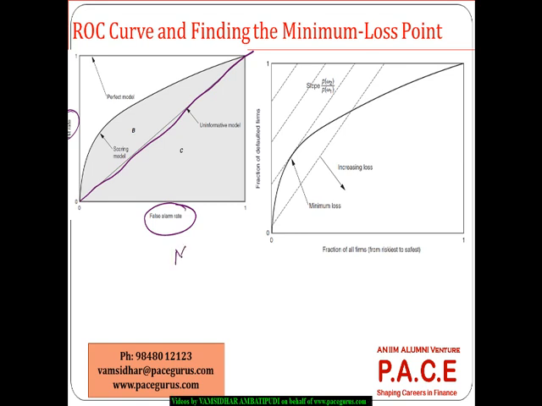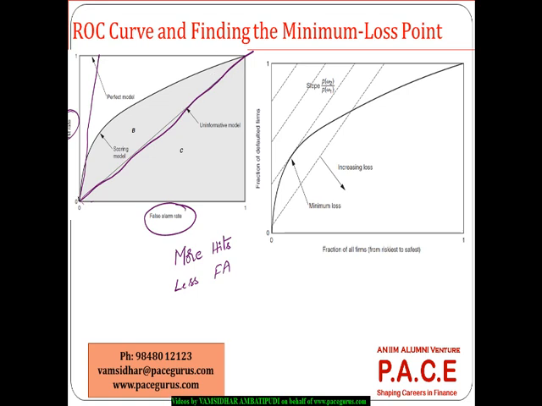If my model has to be good, I should have more hits and fewer false alarms. So the fewer the false alarms and the more the hits, the better the model. The steeper the curve, the more effective the model. The flatter it becomes, the more the model effectiveness is lost.